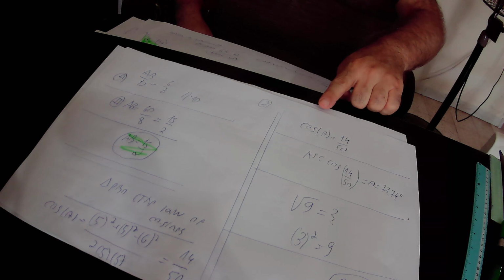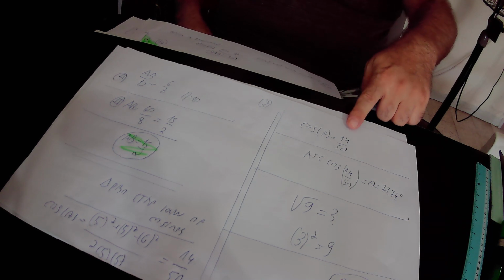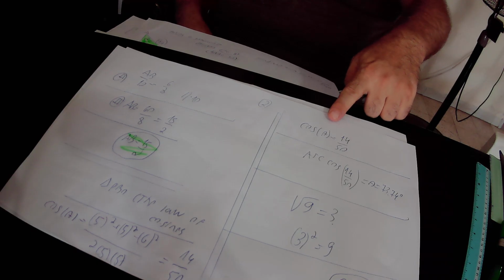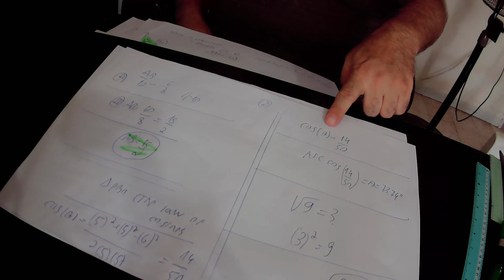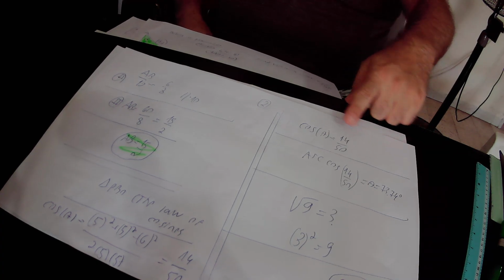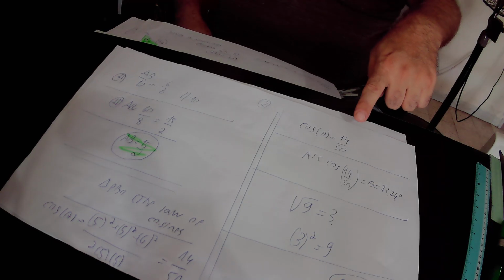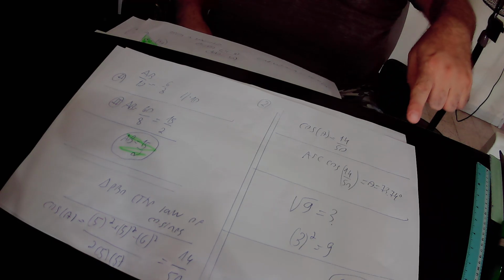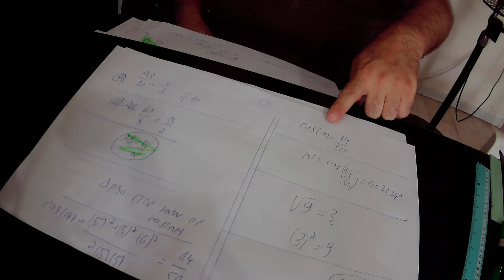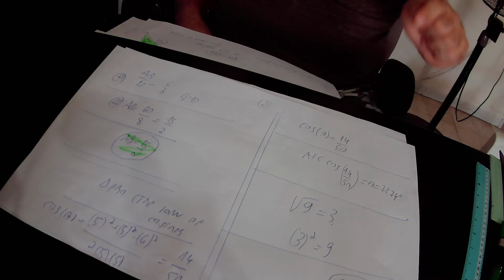We operated the inverse function of cosine, that is arc cosine, on the result, that is 14 over 50. In this way, we get the original angle, that is theta. So the opposite function of cosine is arc cosine. We operated it on the result 14 over 50. In this way, we get the size of angle theta.